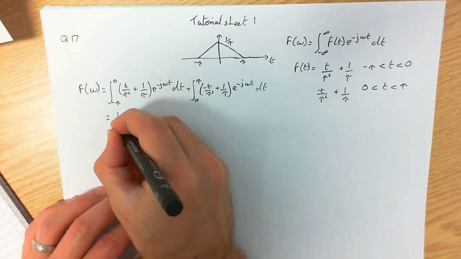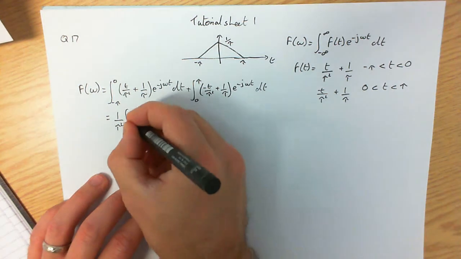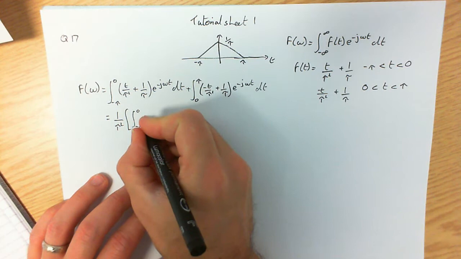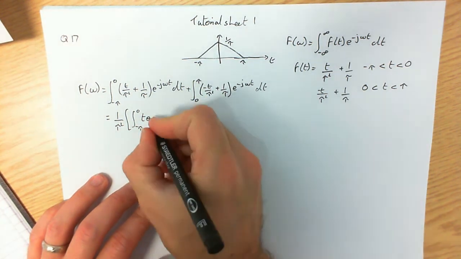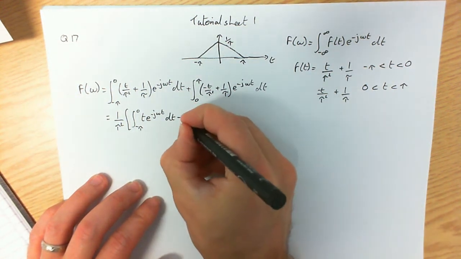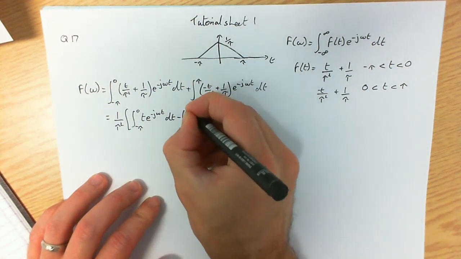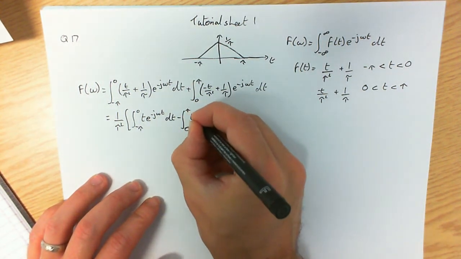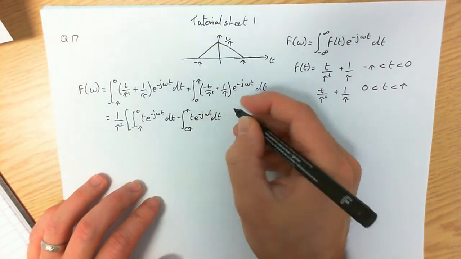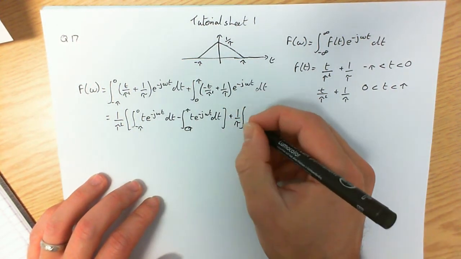So what we get in this case is 1 over tau squared for this element, the integral from minus tau to 0 of t e to the minus j omega t dt, minus the integral from 0 to tau of t e to the minus j omega t dt, plus 1 over tau, the integral.